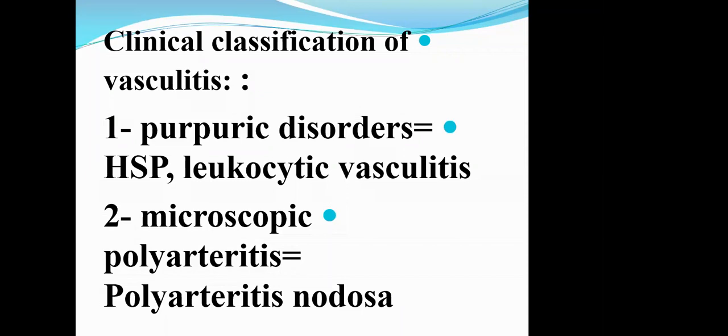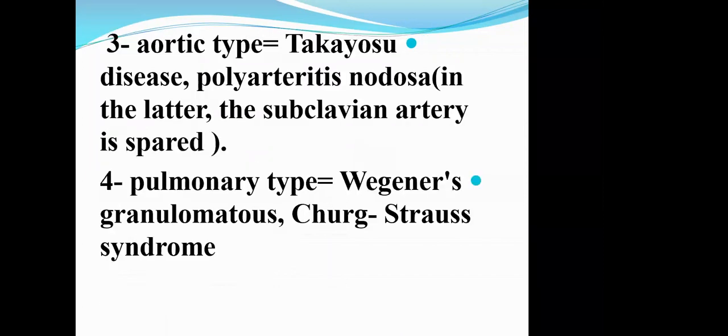These are the purpuric disorders. We have microscopic polyarteritis, which is polyarteritis nodosa. And we have the third type, the aortic type due to involvement of the aorta, which is Takayasu disease. In polyarteritis nodosa the subclavian artery is spared, not involved.